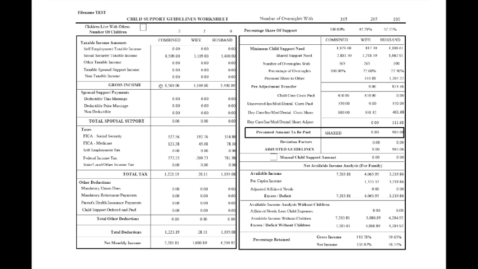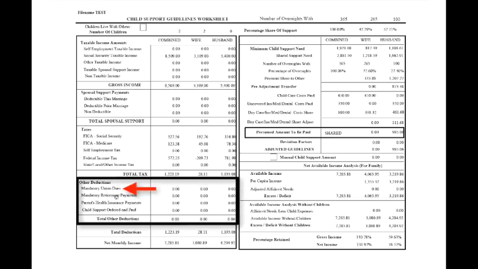So the difference between the $8,509 and the $7,285 are the various deductions, and that's what the rest of this side of the worksheet is talking about. It lists the various deductions: alimony payments, taxes, and the other main ones: union dues, mandatory retirement plans, parents' health insurance cost, not the children's, that's treated somewhere else, but the parents' health insurance cost, as well as child support that is ordered and paid in other cases, not this case.